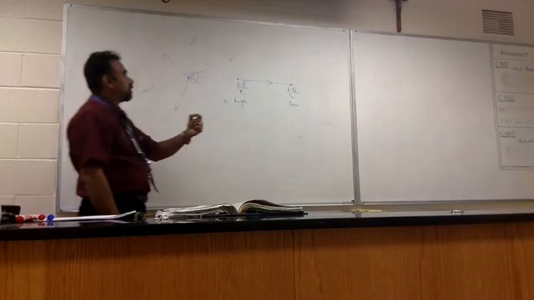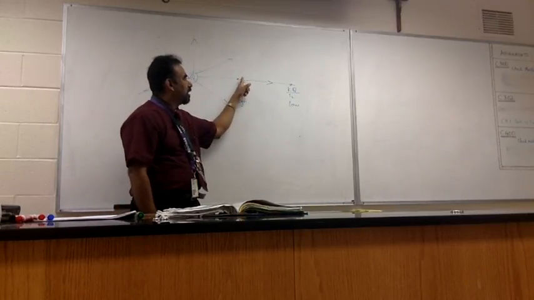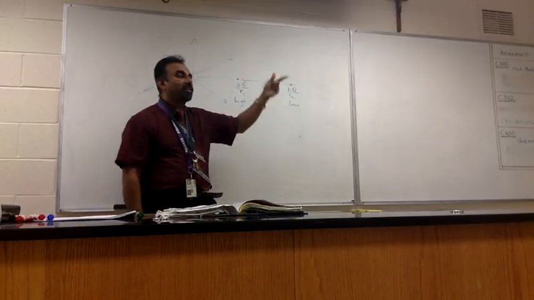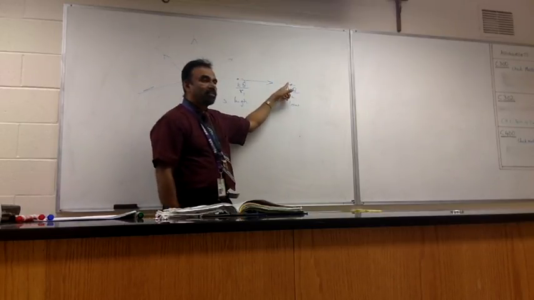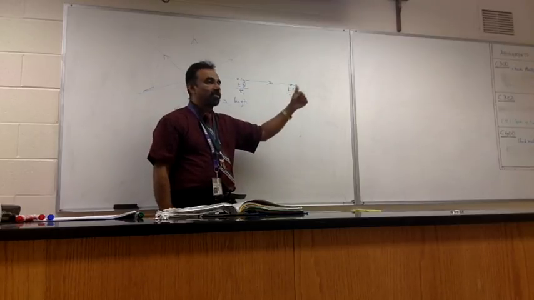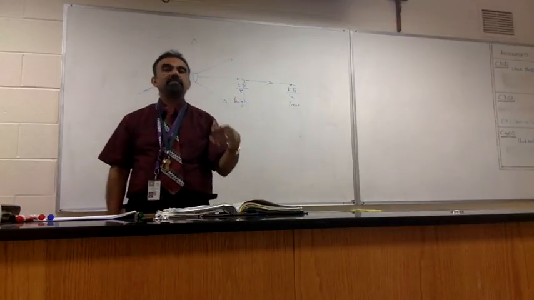So if I release a unit positive charge, or if I release a positive charge over here, it's going to run from high potential to low potential. If I release an electron here, it's going to run this way. An electron goes in the opposite direction. It goes against the field.